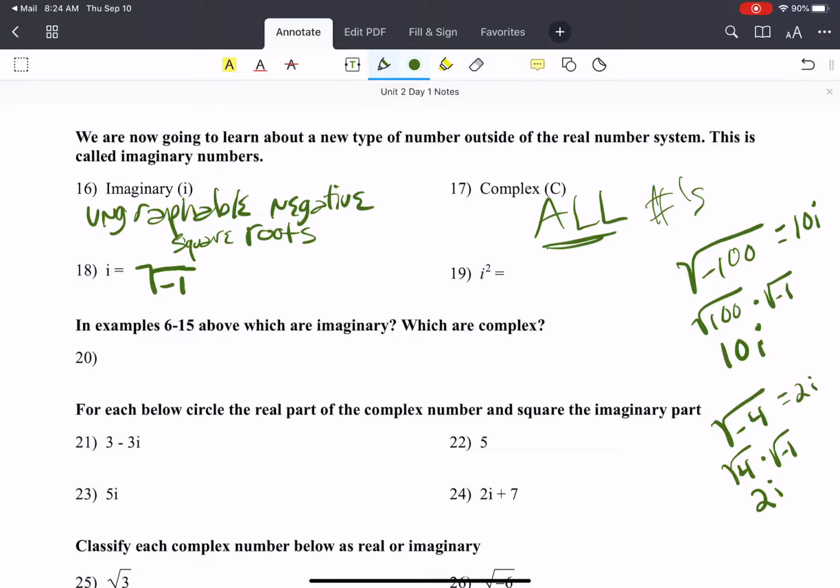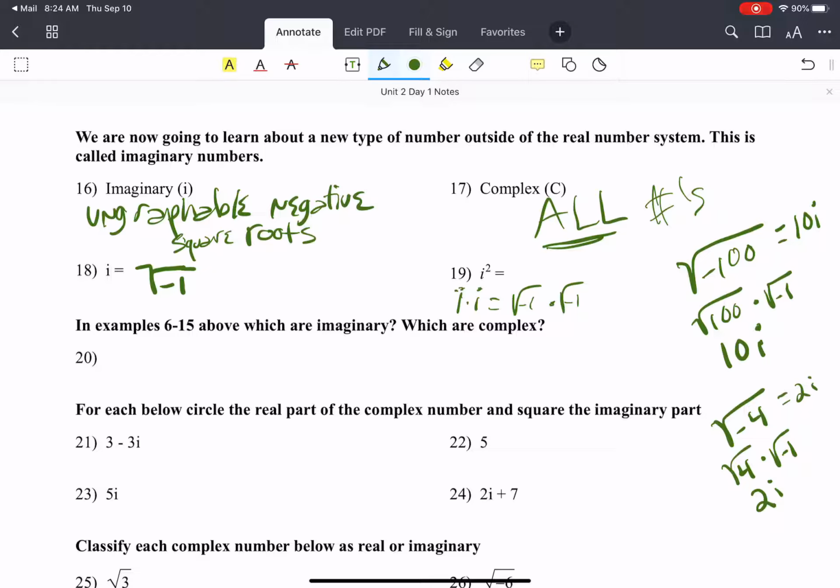Okay, i squared is the same thing as i times i, so the square root of negative 1 times the square root of negative 1. See how on these ones over here, I could take the negative 100 and split it?